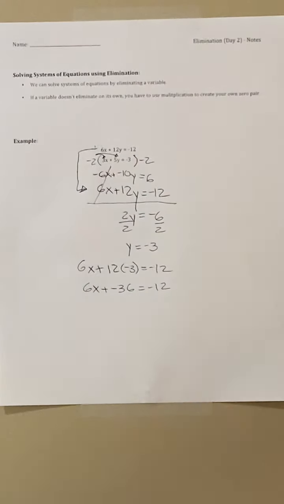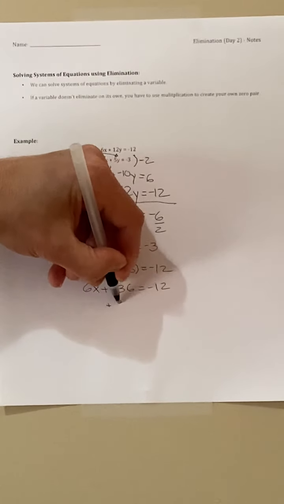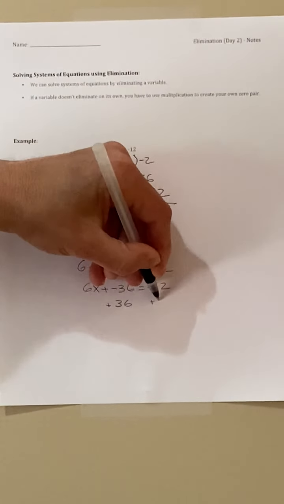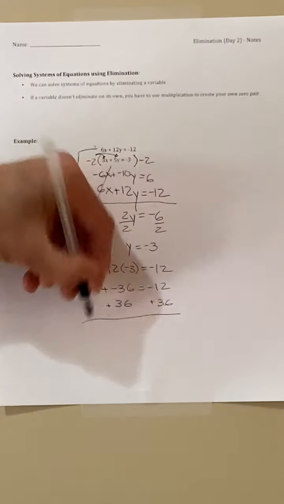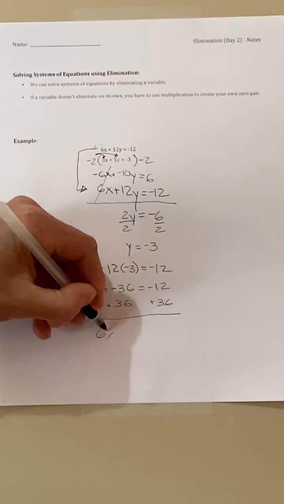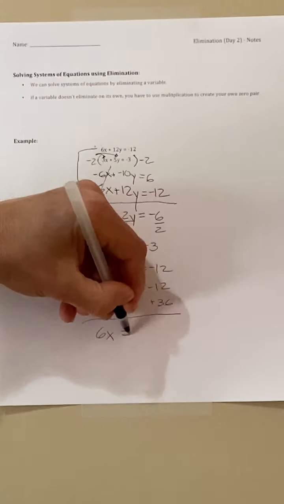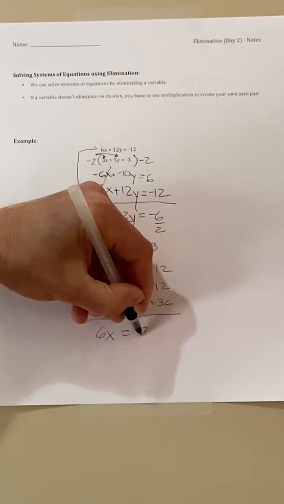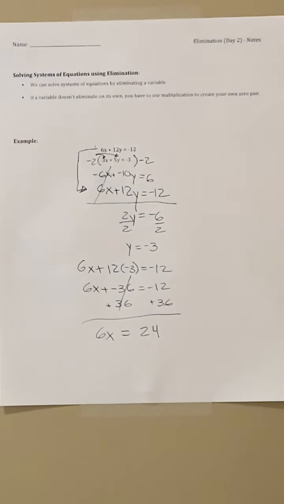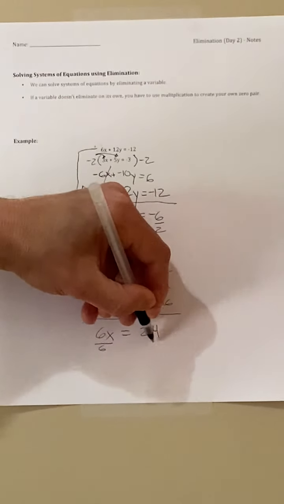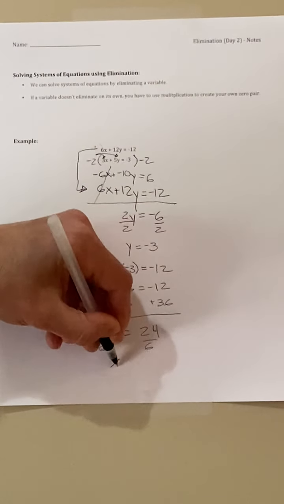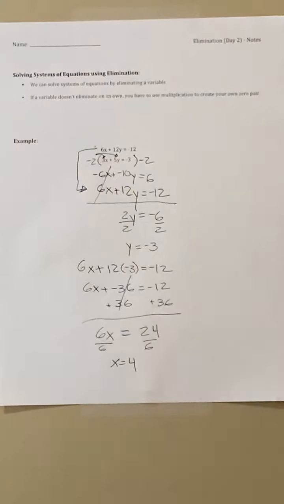Now to solve this equation, I'm going to add a positive 36 to both sides. And I have 6x equals, and this is going to give me positive 24. Divide both sides by 6, and I get x is equal to 4.